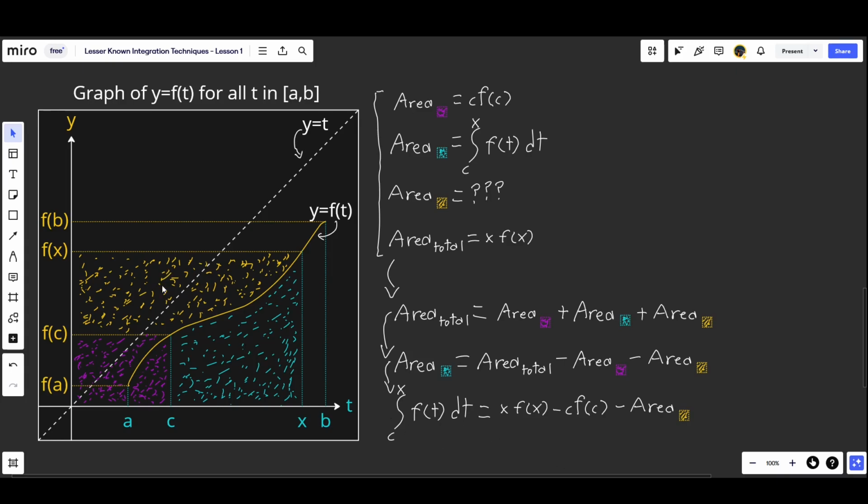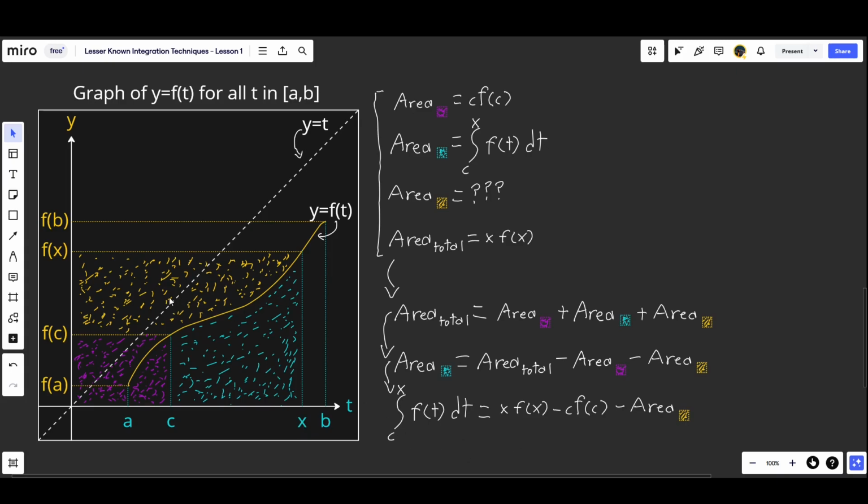We might still speculate that this orange area could be solved for as the area under some curve, but this curve would have to be produced by a different function other than f of t. Whatever this function is, we would have to take the definite integral of it from f of c to f of x, and this function would have to accept f of c and produce c as an output, and accept f of x and produce x as an output.